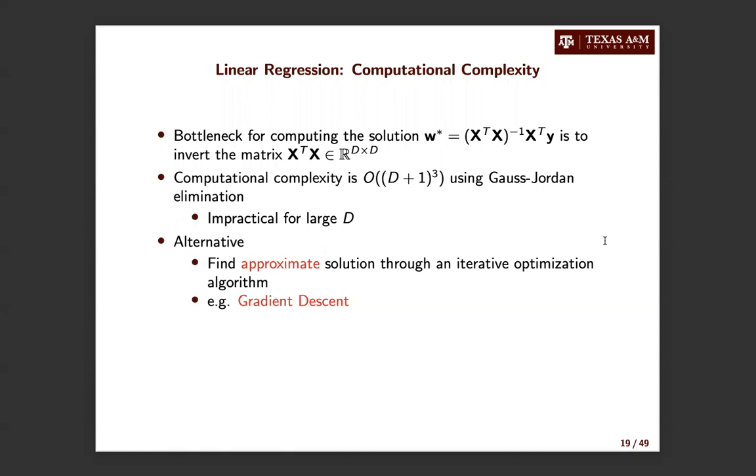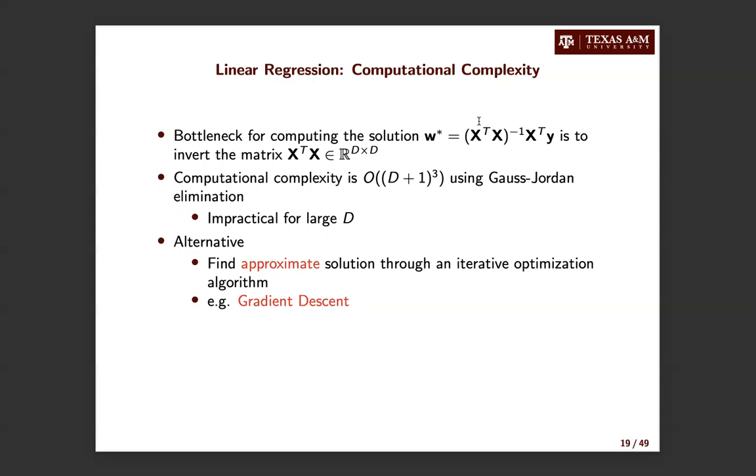The reason is that, as we have seen, this is the formula of the closed form solution, and this formula contains the inverse of this D by D dimensional matrix, where D refers to the number of attributes in our feature space. If D is very high, then this inverse will be computationally very expensive.